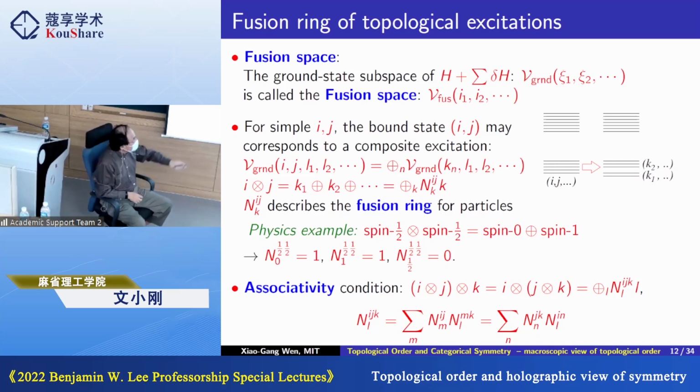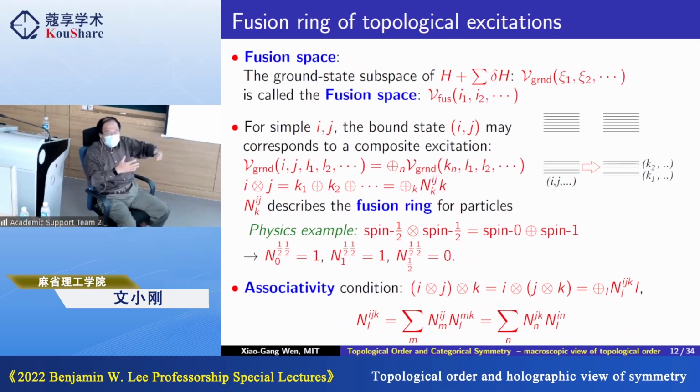So that's a fusion. I have two single excitations I and J together. It may be the composite one, K1, K2, K3, and so on. And there can be several K1. So K1 may appear twice, K2 may appear once. So then we formally write this as a direct sum of N_ij^k with a K. N_ij^k is a non-negative integer.